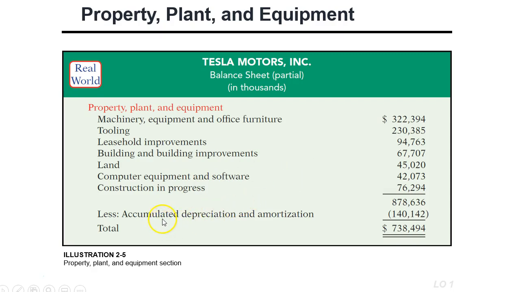Then they have a contra account. See, it says less accumulated depreciation, and it shows the total, which is subtracted from this amount to get the total of our plant and equipment assets. So when you have the contra account known as accumulated depreciation, it is subtracted from the totals to get the amount for your plant and equipment section.